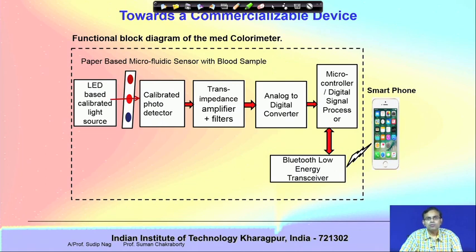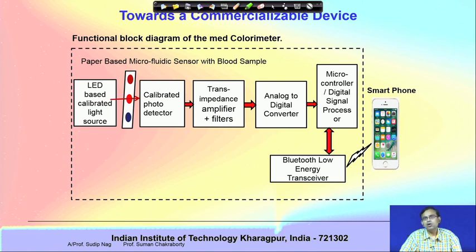Our research collaborator Professor Sudeep Nag has developed a device where you have a LED based calibrated light source, there is a calibrated photo detector and there is a trans impedance amplifier and filter and there is analog to digital converter and microcontroller or digital signal processor.